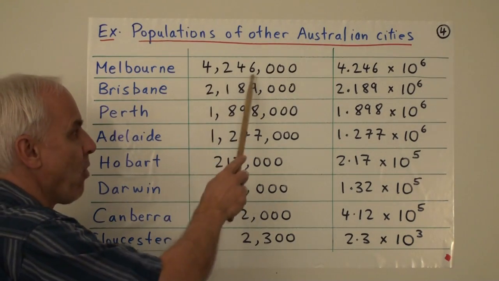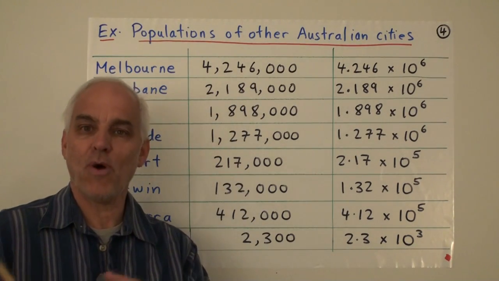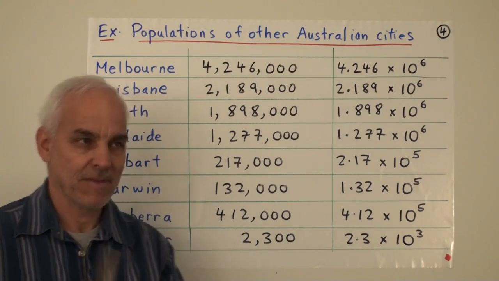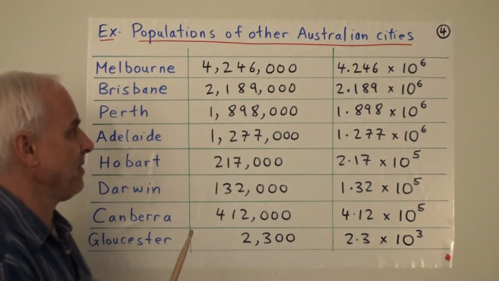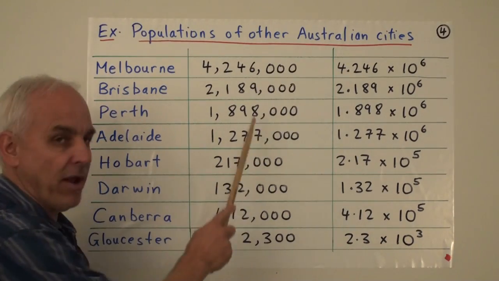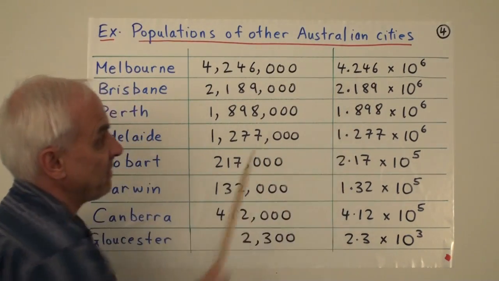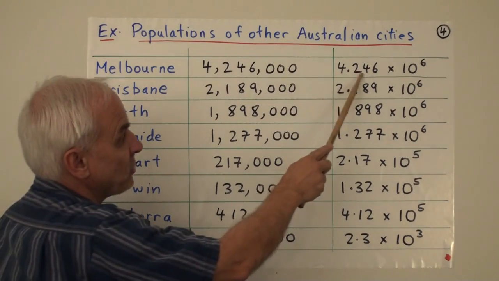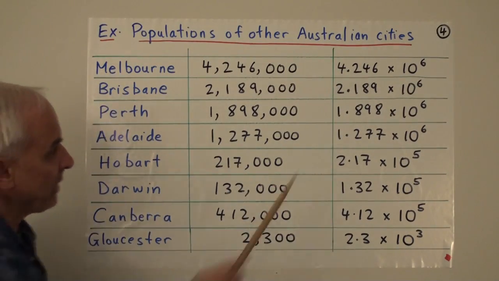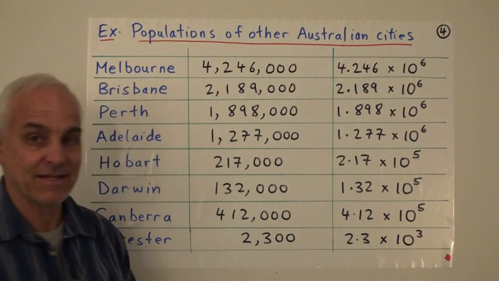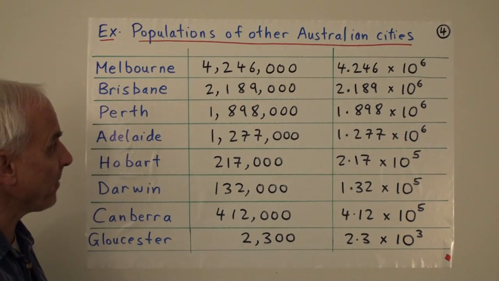So this is a little bit more of a refined estimate than the one I gave you for Sydney. We've done less rounding to get that number. We've still done some rounding, but not quite as much. And we can see that reflected in the scientific notation. It's 4.246. And let's just check that 6 really is the right exponent there.